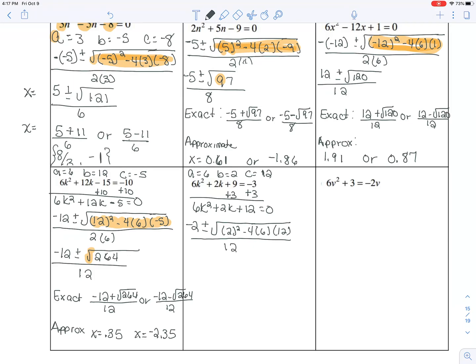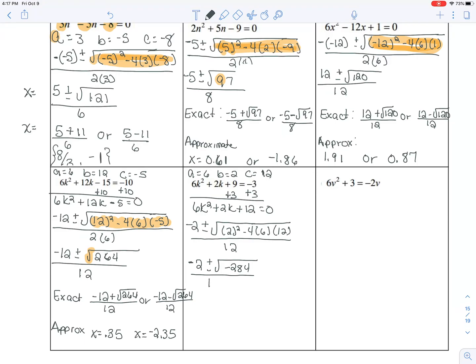And that's all going to be over 2 times 6, which is 12. Alrighty? When you put this in the calculator, I think it gives you a negative number: 4 minus 4 times 6 times 12. You get a negative 284.